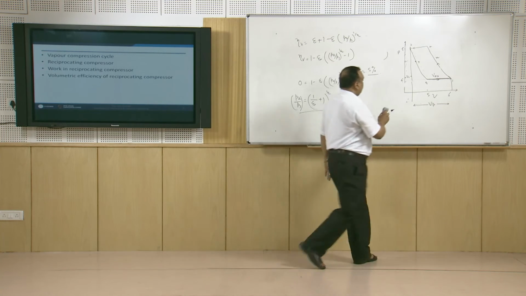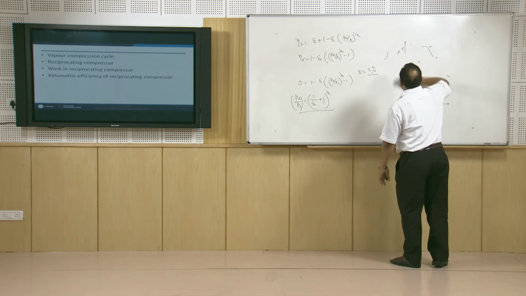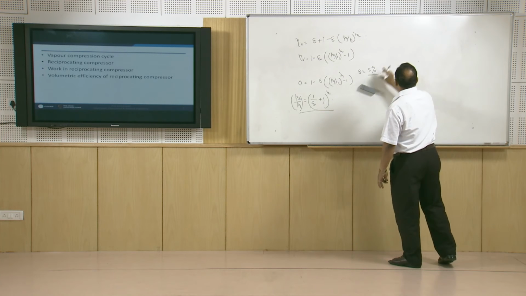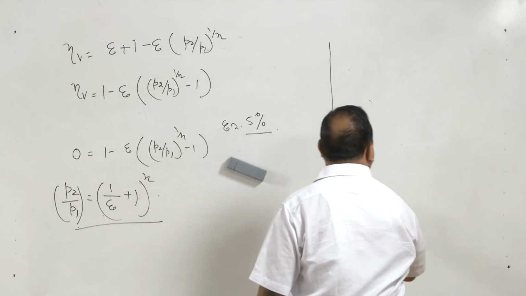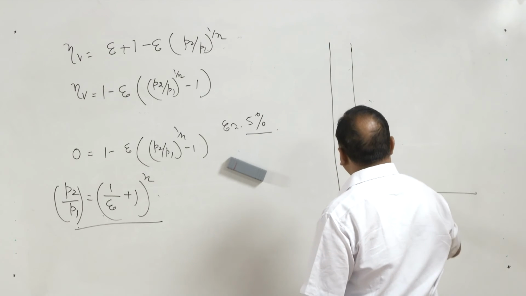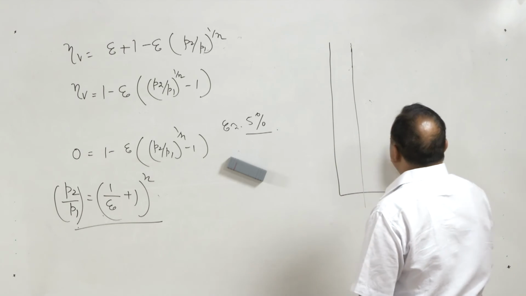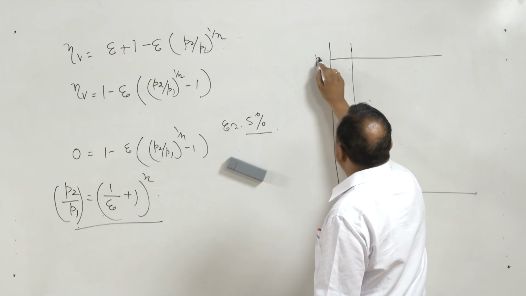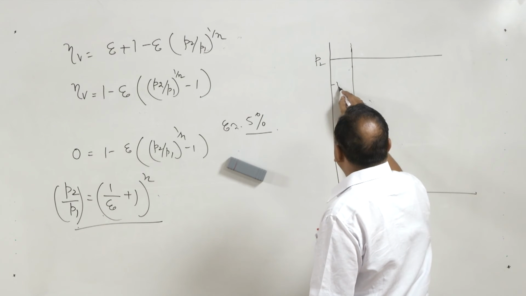It means for a given compressor, because clearance volume is constant, right? Maximum pressure is constant, discharge pressure P2 is constant, Vc is constant.